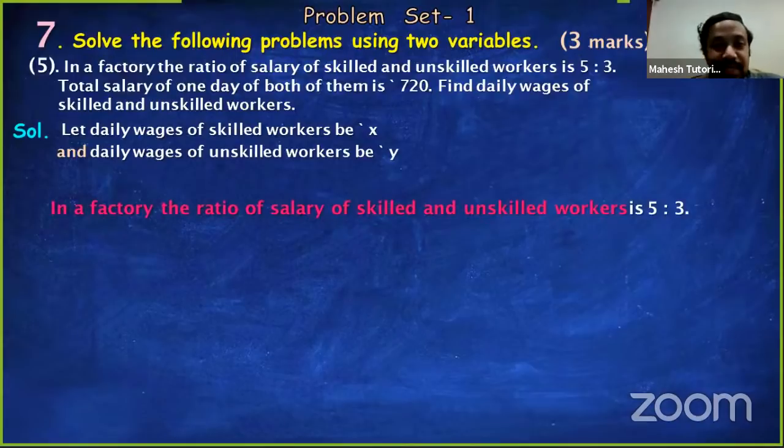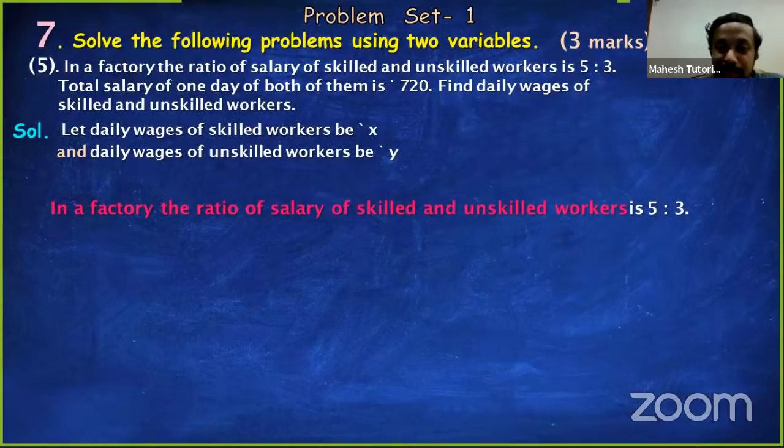Now students, in 9th standard, we have learned what do we mean by ratio. Ratio is nothing but something upon something. Numerator upon denominator. तो रेशियो में समथिंग अपॉन समथिंग डालना है. तो न्यूमरेटर में कौन, डिनोमिनेटर में कौन. तो व्हाट दे हैव सेड, रेशियो ऑफ सैलरी ऑफ स्किल्ड वर्कर एंड अपॉन सैलरी ऑफ अनस्किल्ड वर्कर.